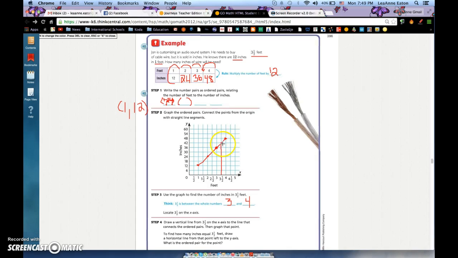Where they cross. And if we go over to the Y, we can see that that is at 42. Okay, so the ordered pair for 3.5 is 3 1/2, comma, 42.